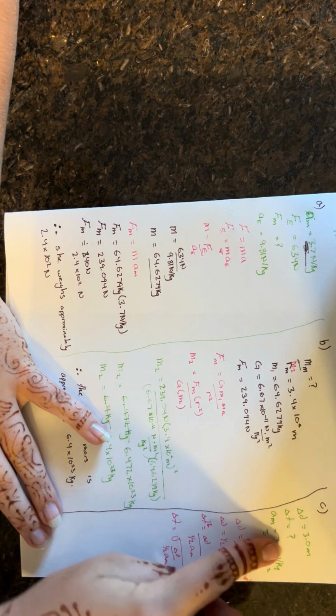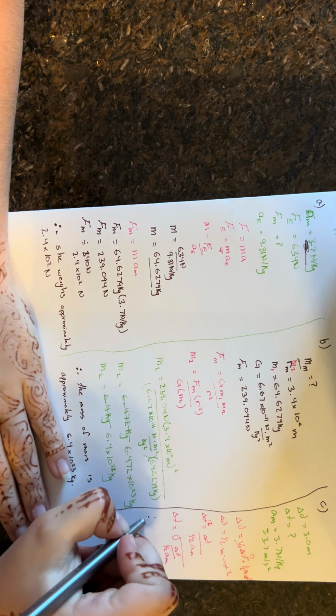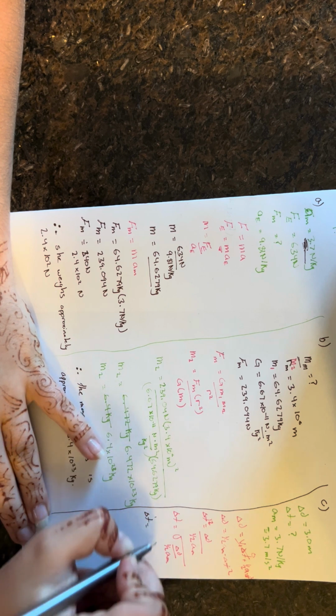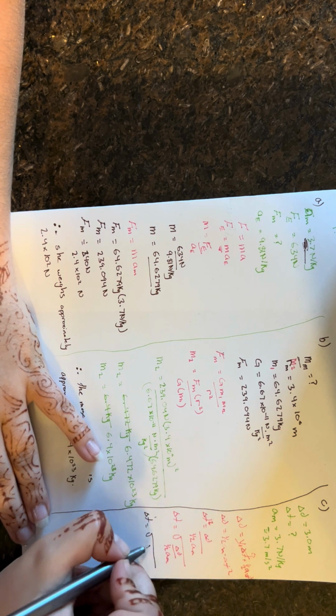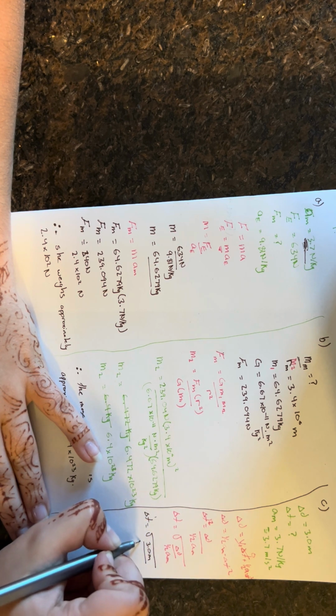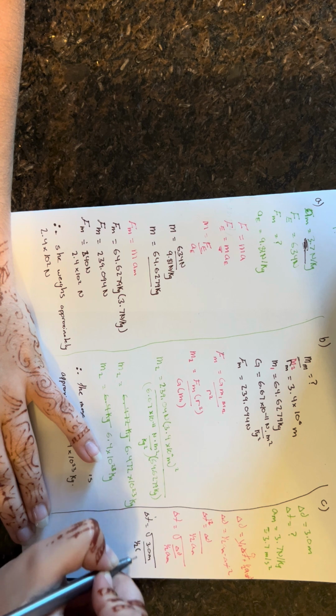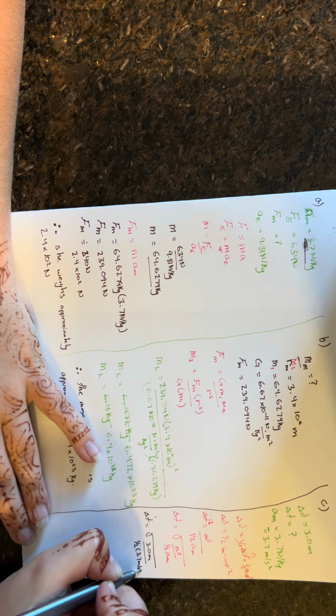Okay, so now subbing in our values, we're going to solve for our delta T. So our delta T is equal to the square root of 3.0 meters divided by 1/2 of 3.7 meters per second squared.